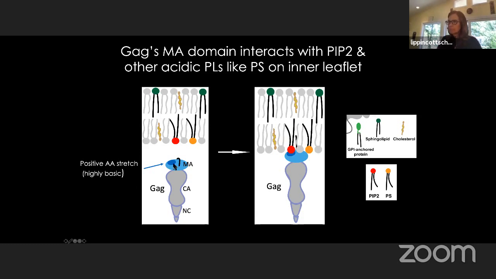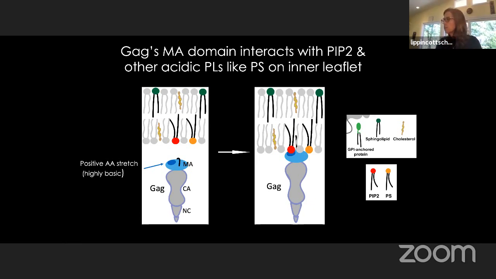And we and others believe that that could essentially attract GAG to membranes that are preferentially enriched in either PIP2 or PS, which can bind to this highly basic amino acid stretch in this MA domain of GAG. And the reason why that's significant is because PIP2 is known to have very long acyl chains that can actually cross into the outer leaflet.